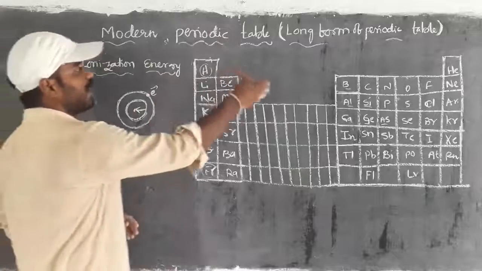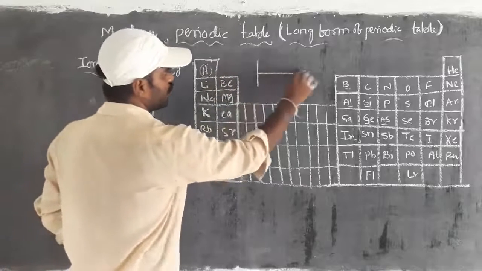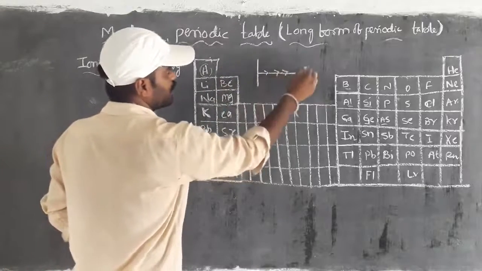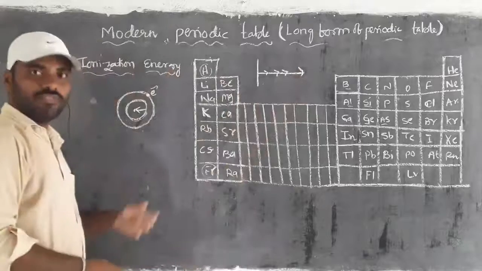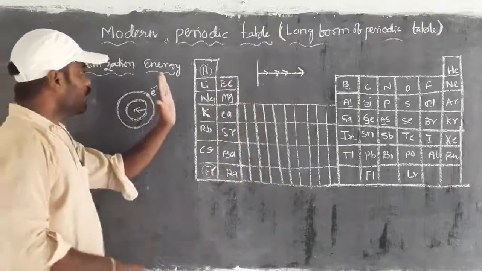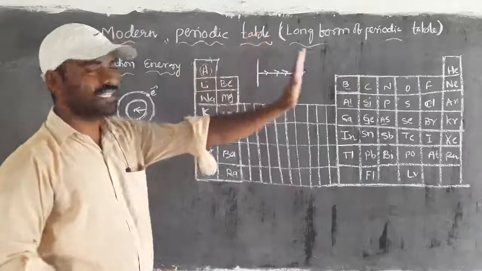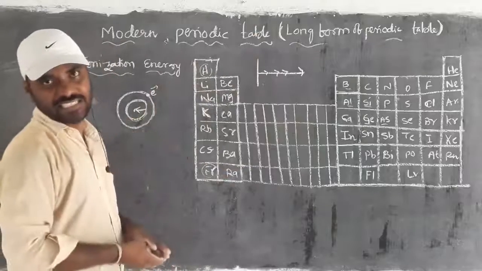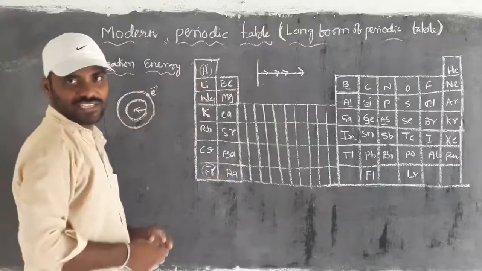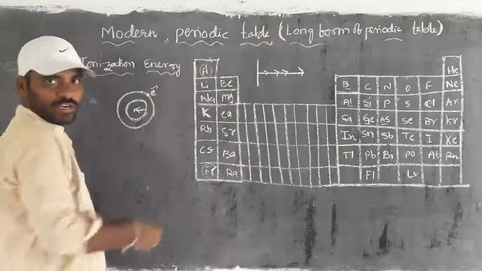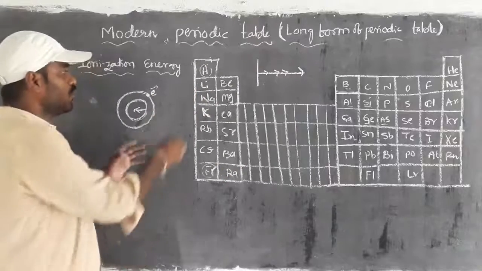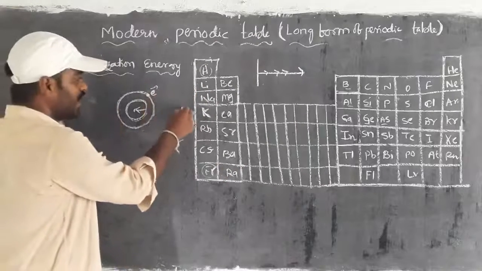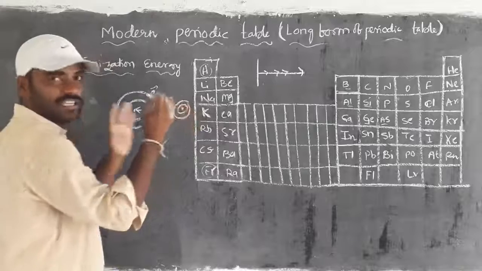Then how does it vary in periods? From left to right. Already we are familiar that when we move from left to right in the periodic table, the atomic radius decreases, meaning the size slowly decreases. On the left side the size is bigger and on the right side the size is a little smaller.